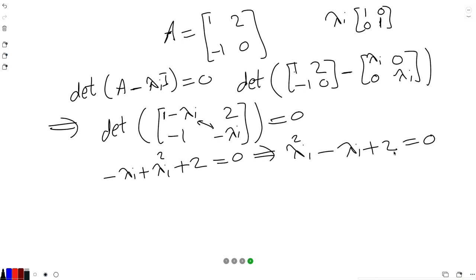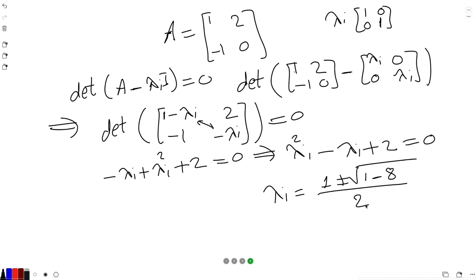Now we can find lambda. Lambda equals minus b, which is plus 1, plus or minus the square root of b square, which is 1, minus 4ac, so 1 minus 4 times 2, which is minus 8, divided by 2.